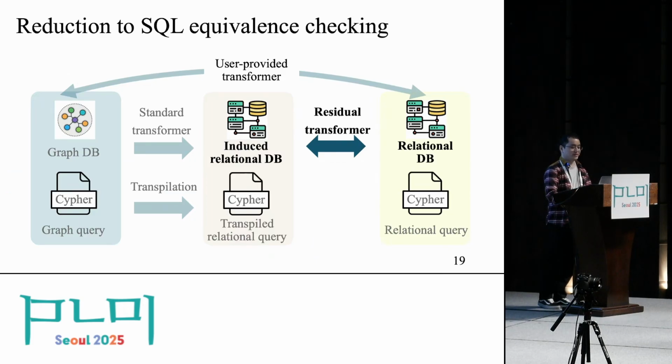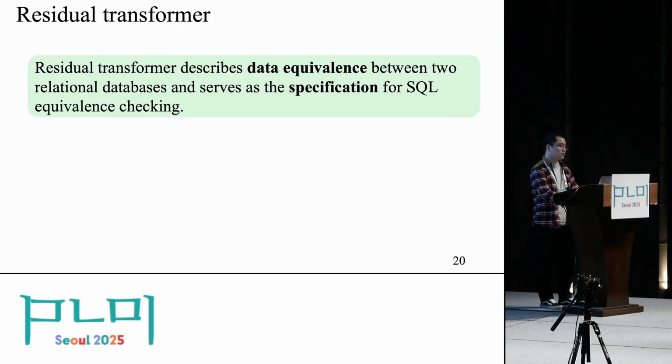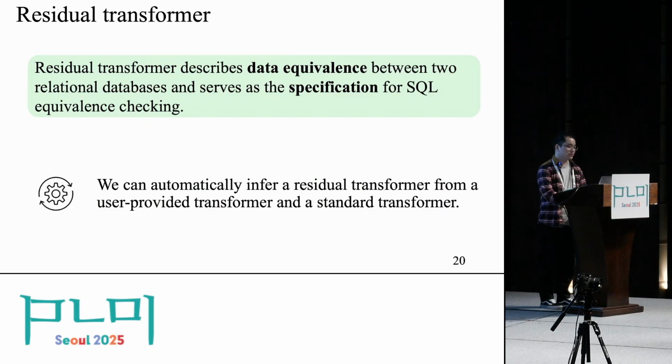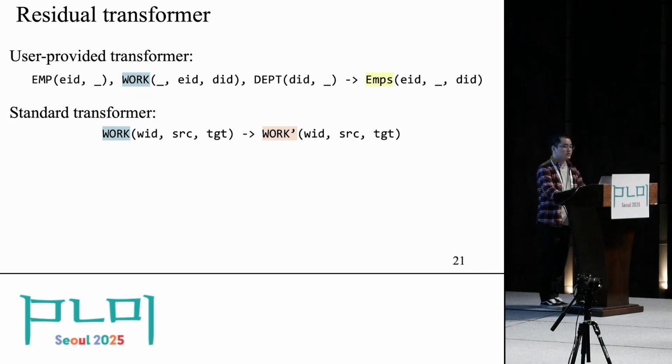Before checking the CQ equivalence, we must construct a residue transformer to align the induced and target relational databases. Recall that the residue transformer describes data equivalence between two relational databases and serves as a specification for the CQ equivalence checking. And we can automatically infer a residue transformer from the user-provided transformer and the standard transformer. For example, the rule from the user-provided transformer preserves the same relationship between the work edge and the employees table.